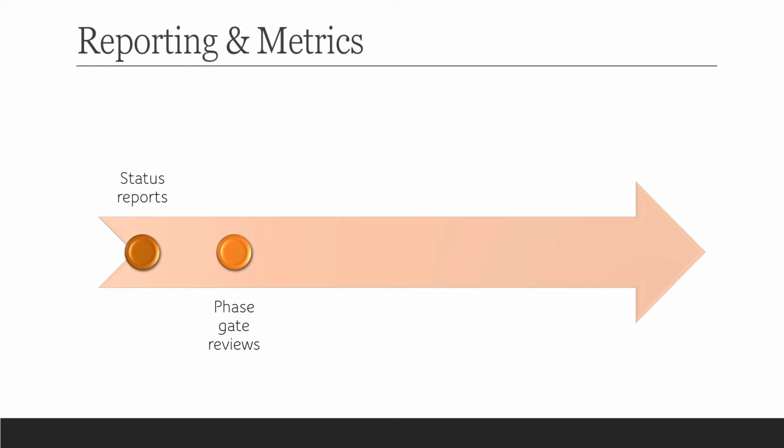Within those, you're going to find a roadmap of sorts. For a project to move from one phase to the next phase, it should ideally be passing through stage gates or phase gates. Sometimes it's referred to as stage gates, sometimes as checkpoints.